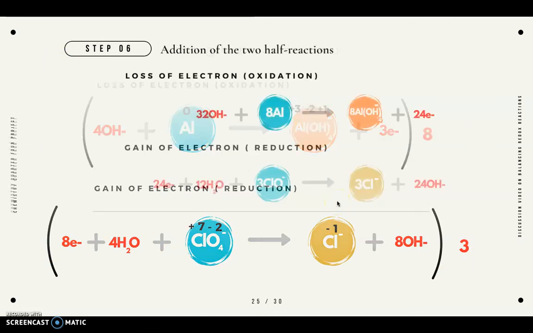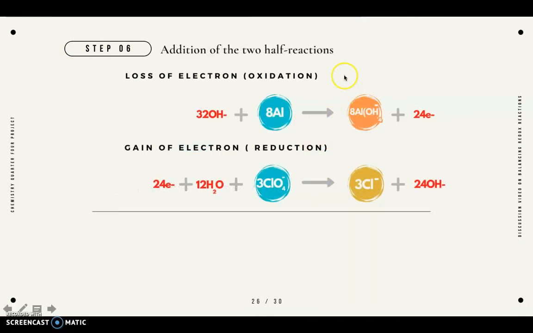From that, we now have these half reactions in which the oxidation half reaction is 32OH plus 8Al yields 8Al(OH)4 minus plus 24 electrons. On the reduction half reaction, we have 24 electrons plus 12H2O plus 3 perchlorate yields 3 chloride ions plus 24 hydroxide ions.